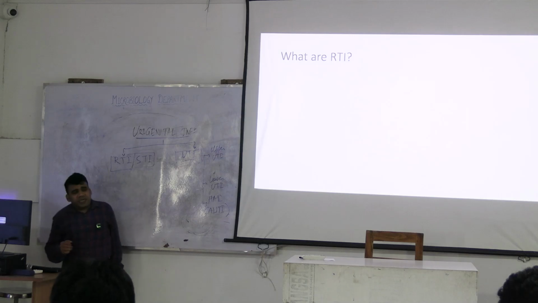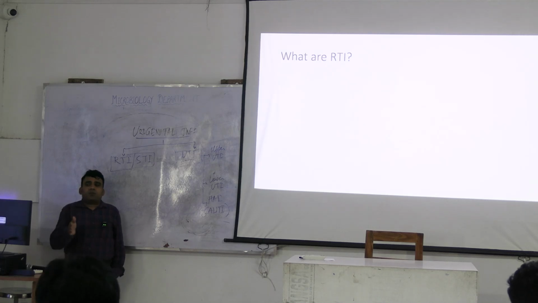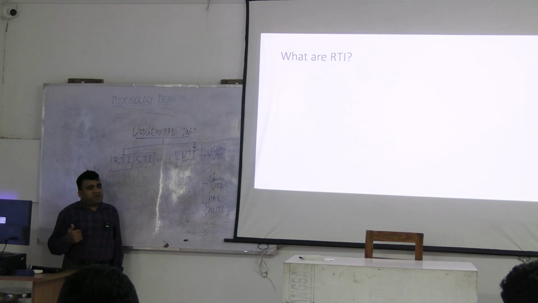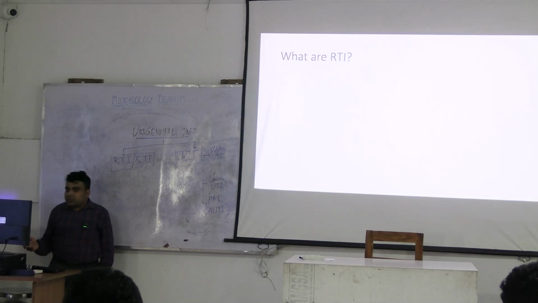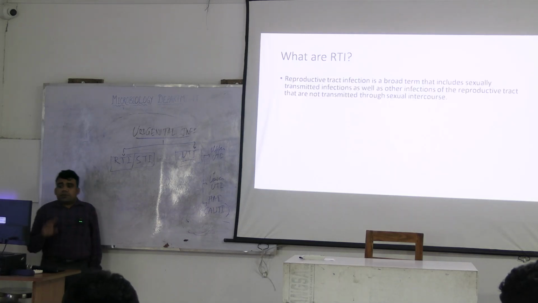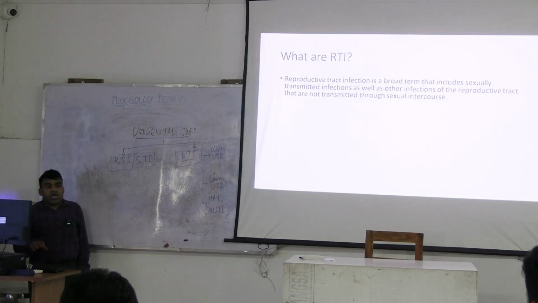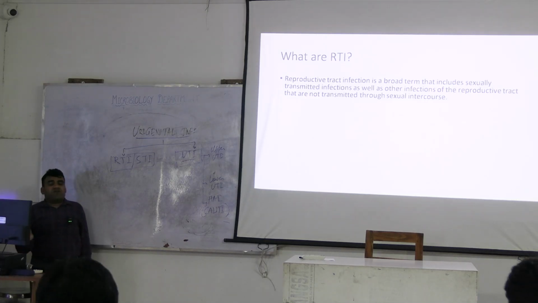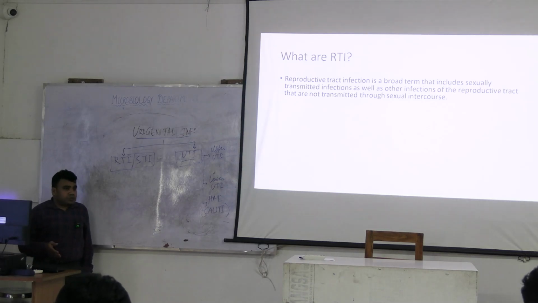Understood? For example, endometrial tuberculosis is a form of extrapulmonary tuberculosis, where the inner lining of the uterine wall is affected. So this is a reproductive tract infection. However, is it a sexually transmitted disease? No, it's an extrapulmonary disease. So that is the main difference. So reproductive tract infection is a broad term that includes both sexually transmitted infections as well as other infections of the reproductive tract that may not be transmitted through sexual intercourse.